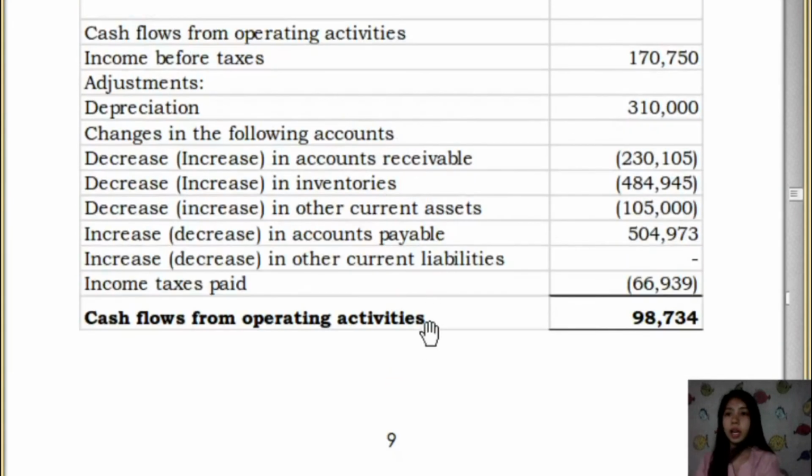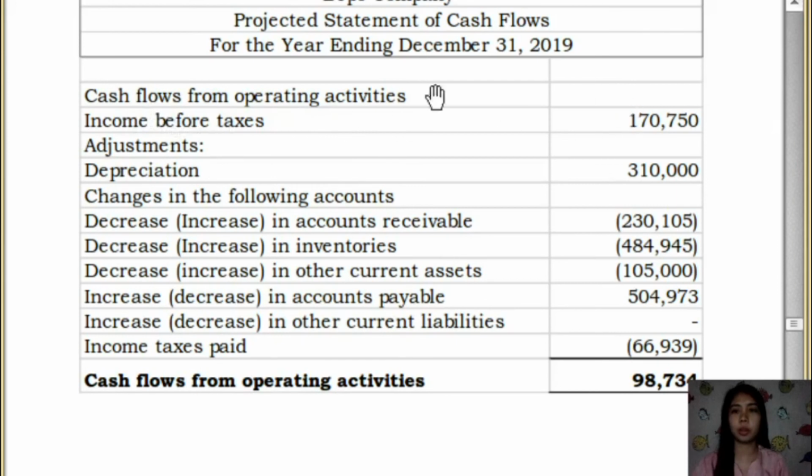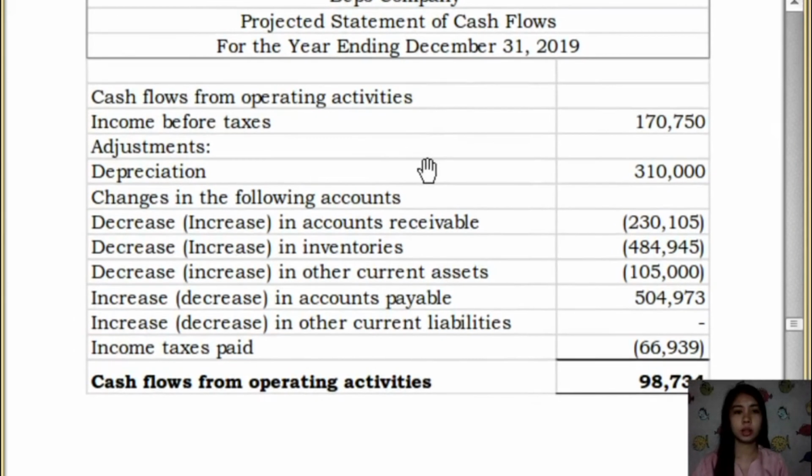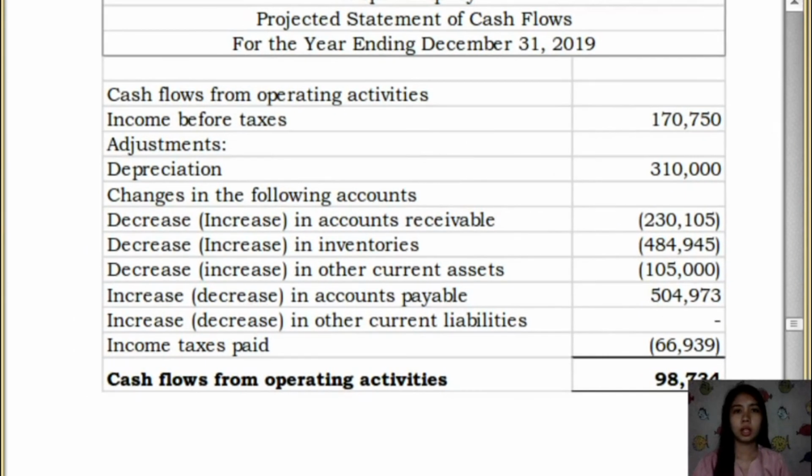Now, the cash flows from operating activities first. So as you know, cash inflows less cash outflows. So lahat ng mga naka-loob sa parentheses, ilaless natin doon sa mga sa labas. Okay? So you have here cash flows from operating activities. You have a positive 98,734.